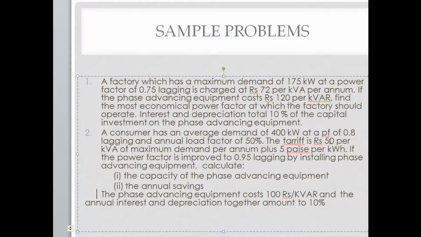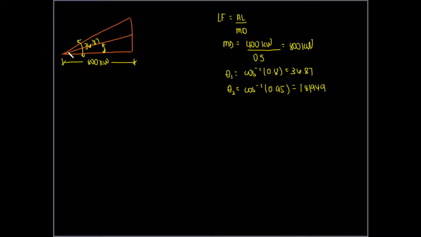So 10 over 50 squared, 1 minus answer, square root of answer. It's not going to give you 0.95. Okay? So this is not the optimal power factor. So this is 18.1949.